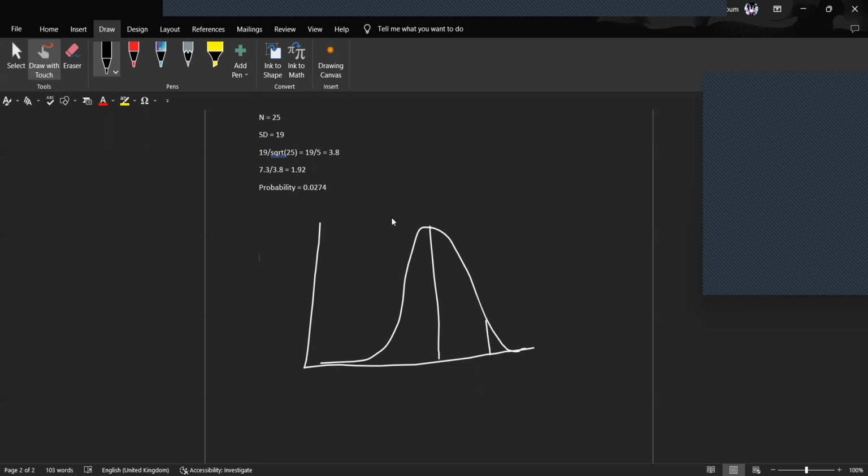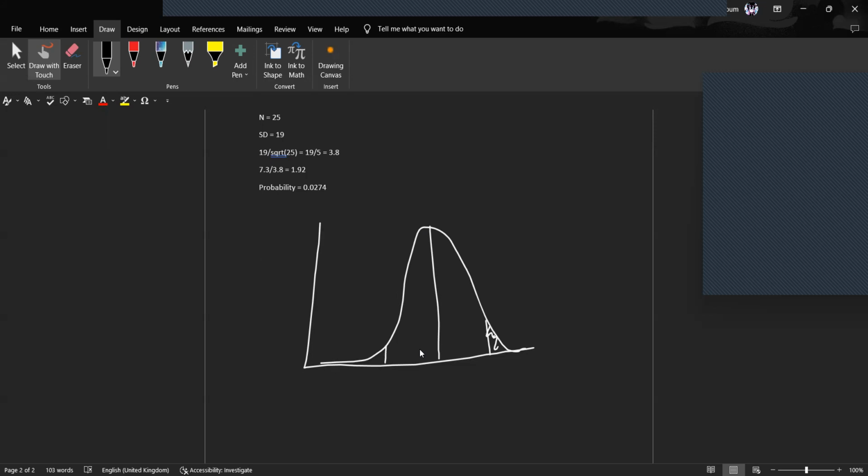We found our Z value of 1.92. We found the probability 0.0274, and that's this shaded area over here. Now we want to find both tails.